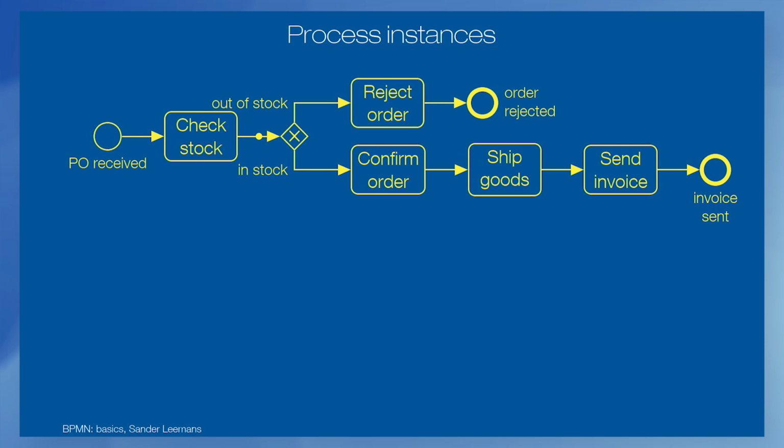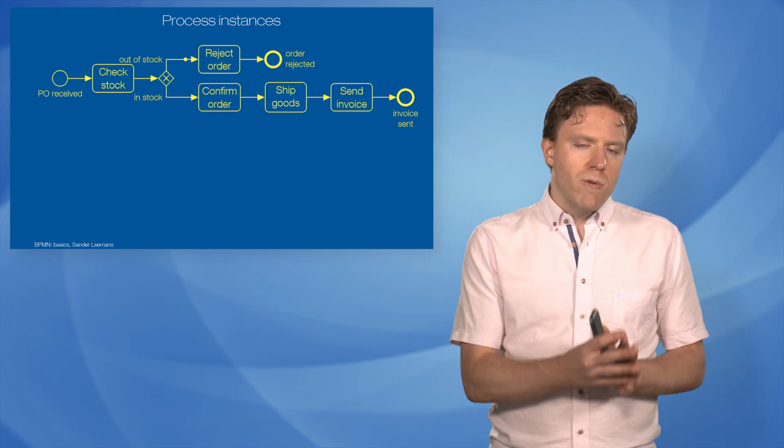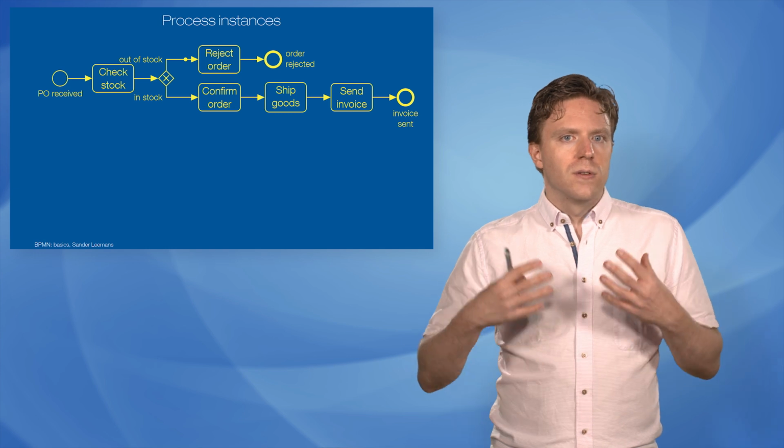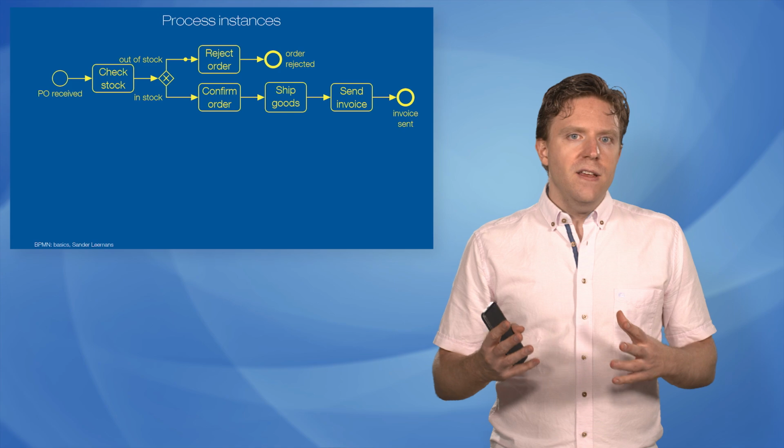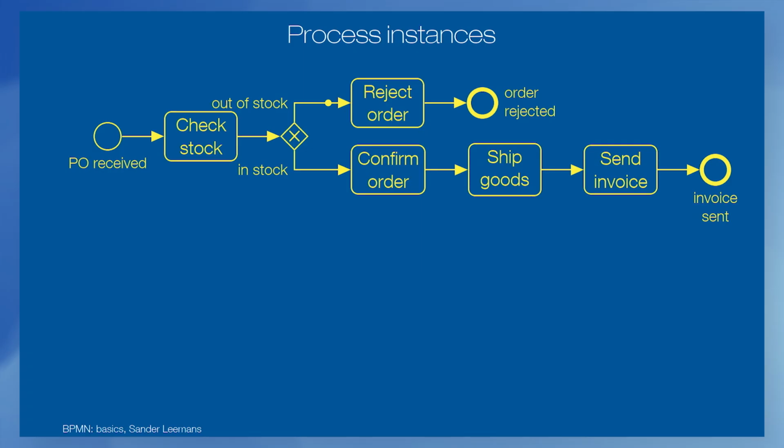Let's say that in this case the products are unfortunately out of stock. So the token is now forwarded by the XOR split gateway and ready for reject order to start. So reject order starts, and again this is a task, this indicates work.